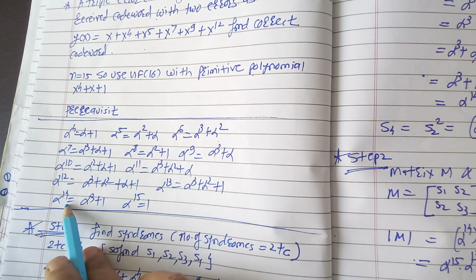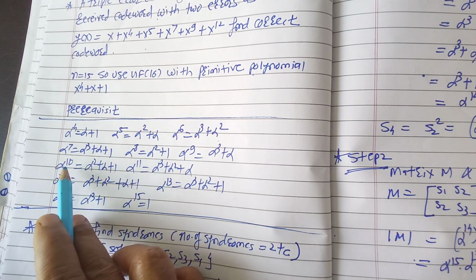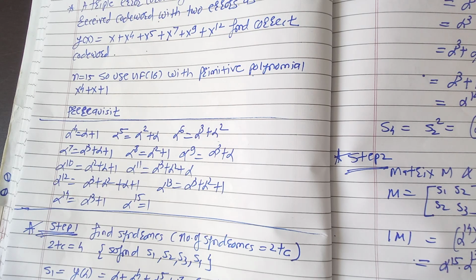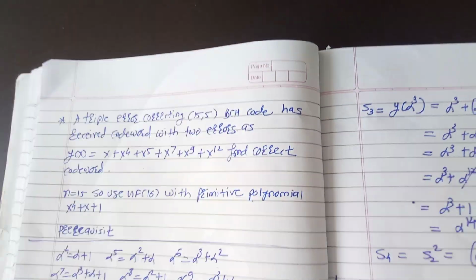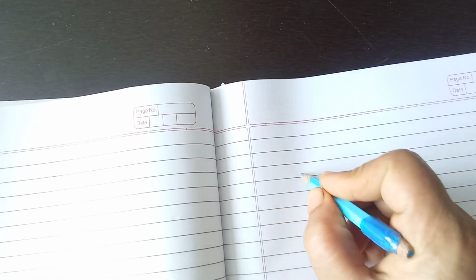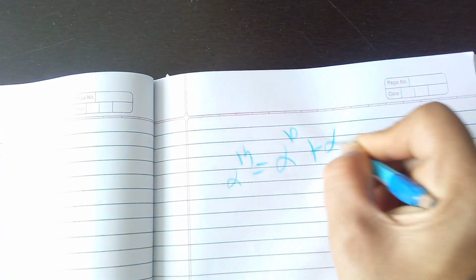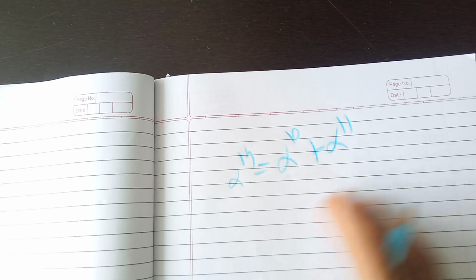So you got that alpha 14 is equal to alpha 10 plus alpha 11. This you got from the table.